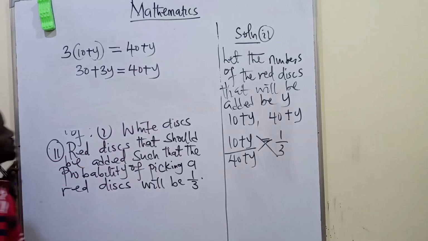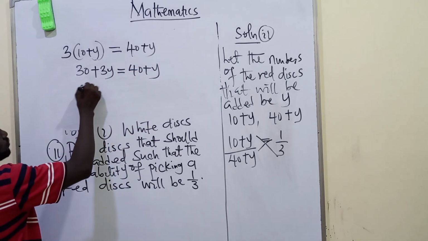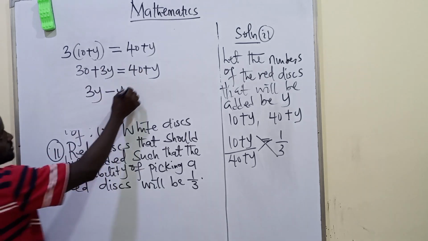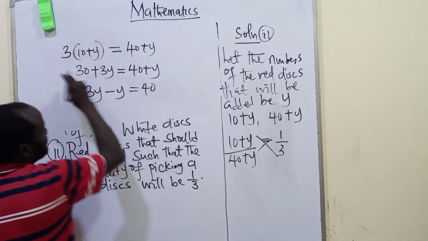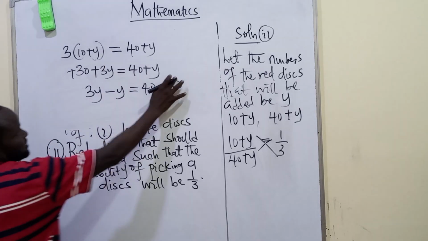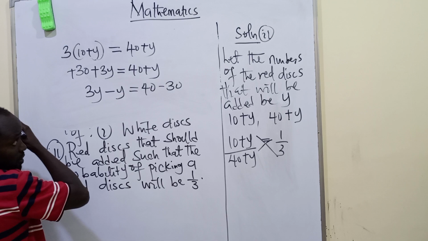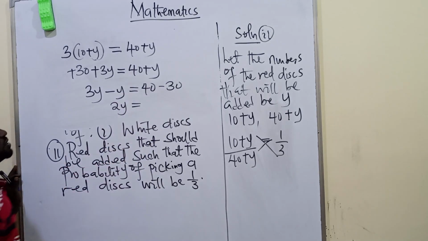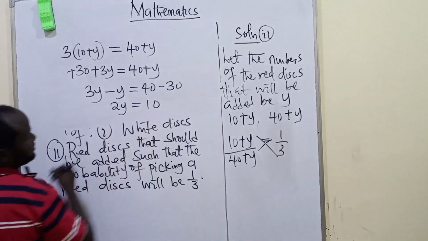At this junction, we can collect like terms. 3y, plus y crossing the equal sign will be minus y. 40, plus 30 crossing the equal sign, will be minus 30. 3y minus y is 2y, equals 40 minus 30, which is 10.